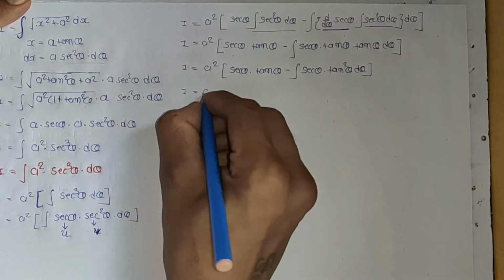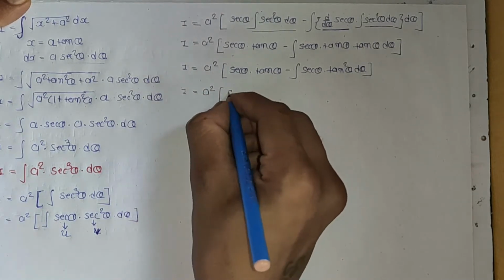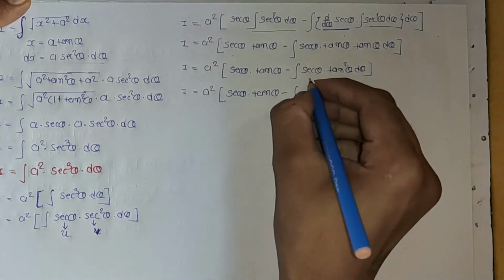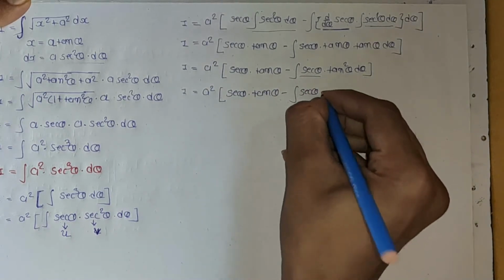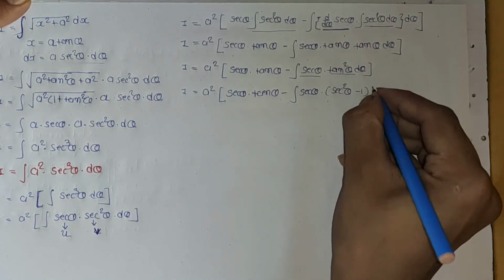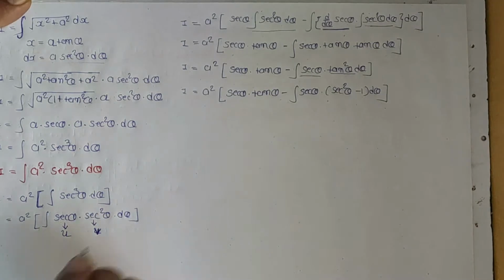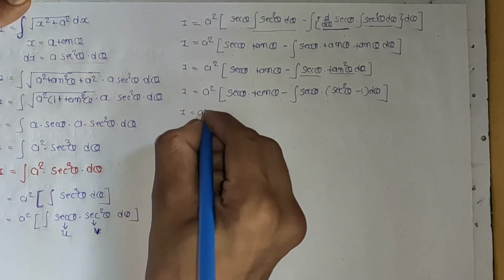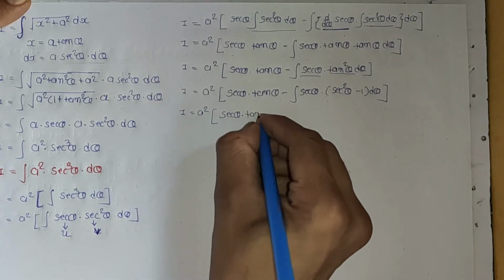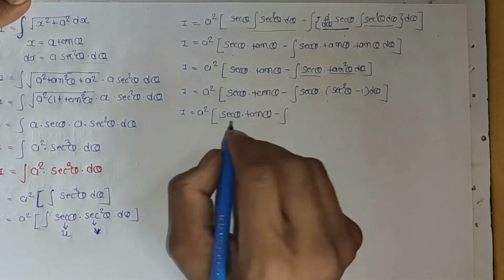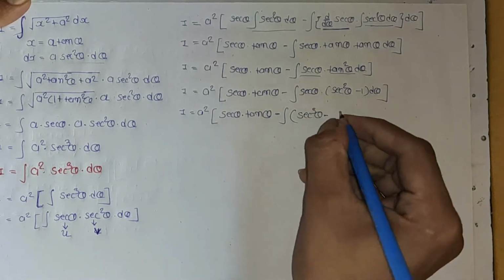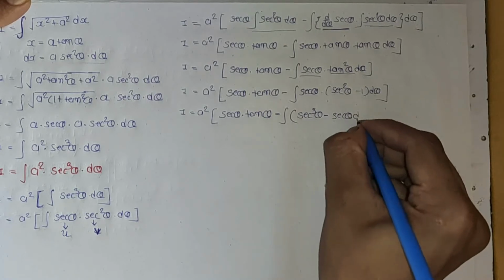I equals a square, sec theta tan theta minus integration sec theta, and tan square will be sec square theta minus 1, d theta, close the bracket. I equals a square in the bracket sec theta tan theta minus integration, okay, here bracket sec cube theta minus sec theta d theta.